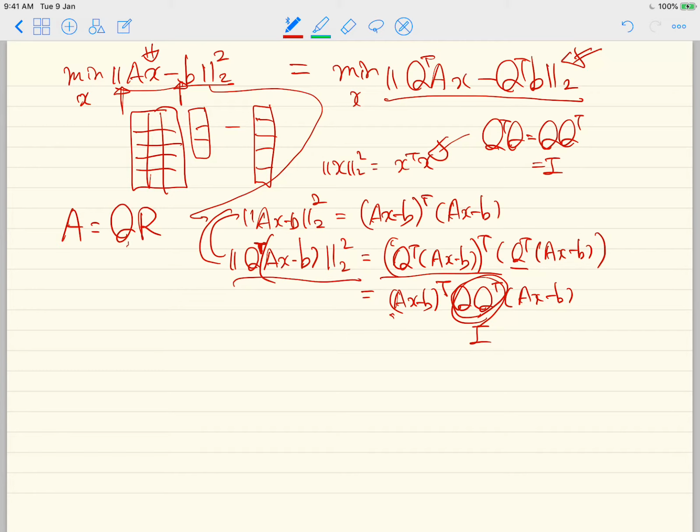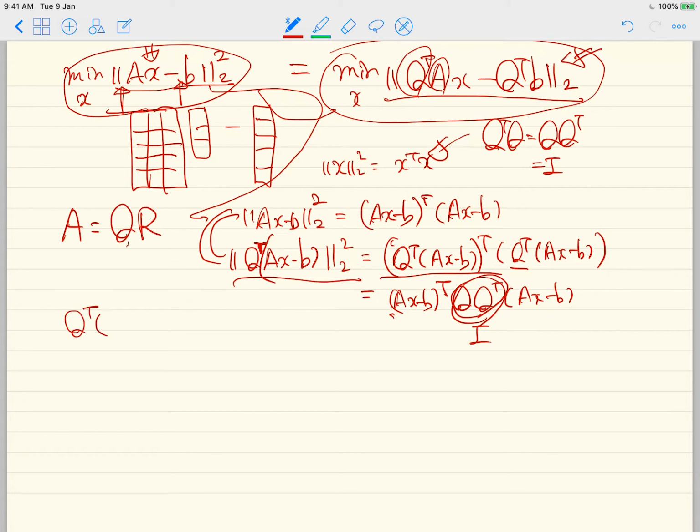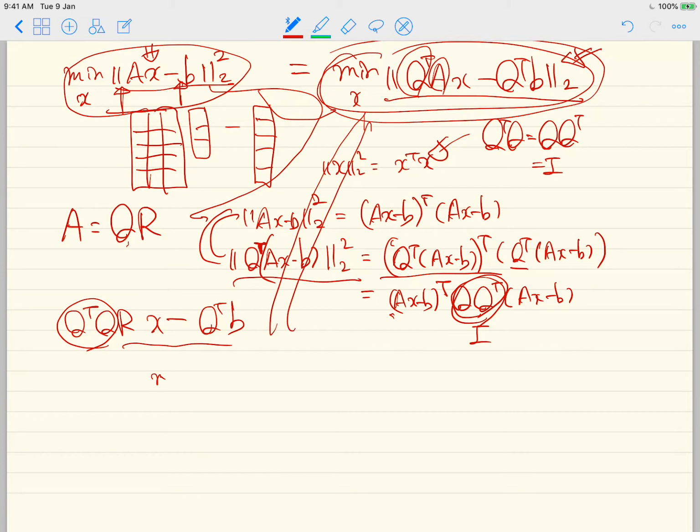Okay, so solving this is equivalent to solving this, and if A is having the QR decomposition, and once we multiply Q transpose on the left, Q transpose QR x minus Q transpose b, so this guy is now Rx minus Q transpose b.